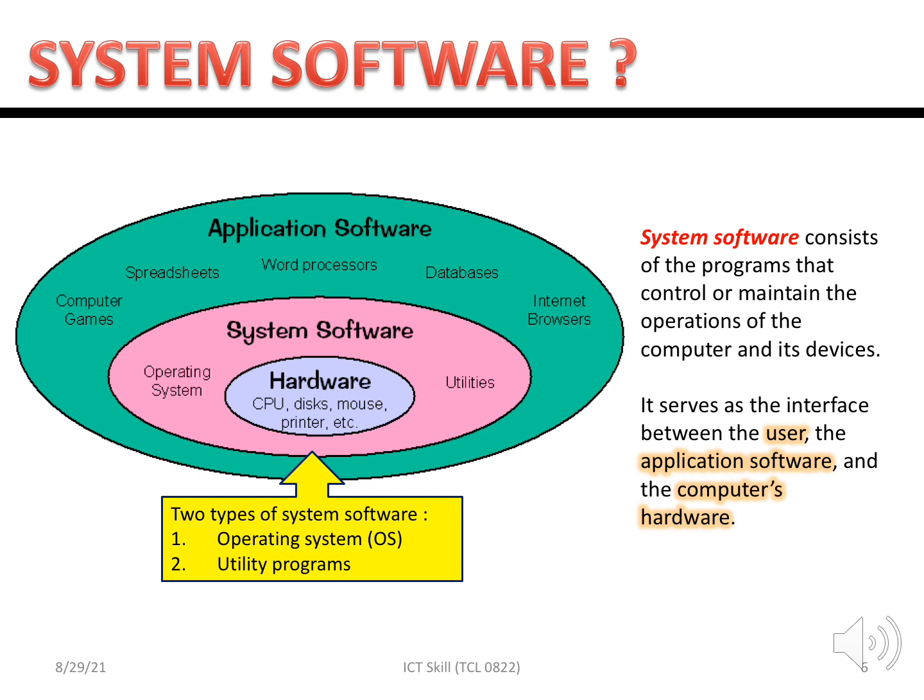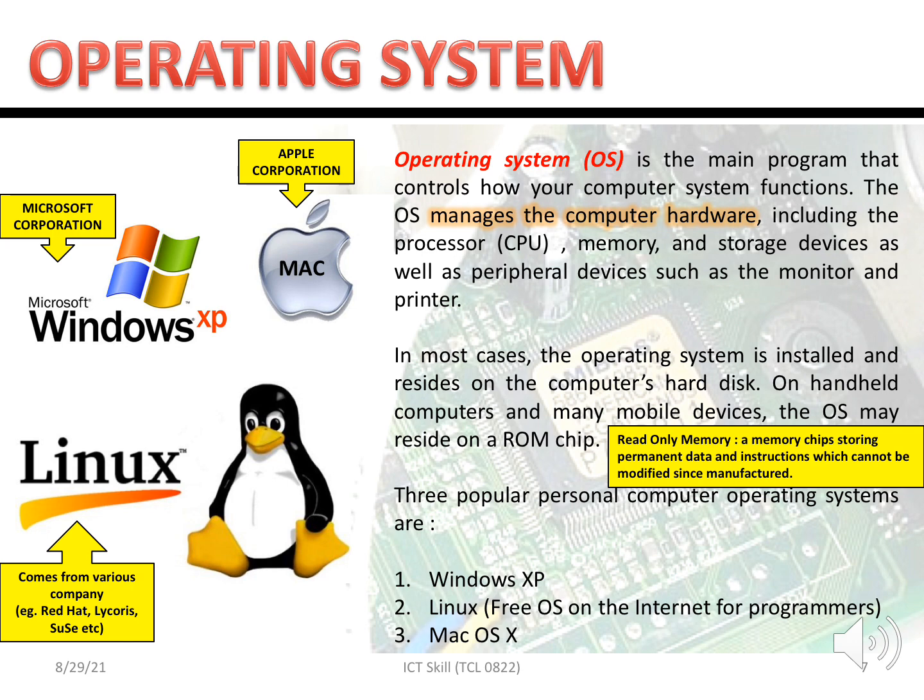So I would like to explain two types of the system software: the operating system, which we also call OS, and another one is the utility program. So what is operating system or OS? OS is actually the main program in your device, in your system, which controls and manages the computer hardware.